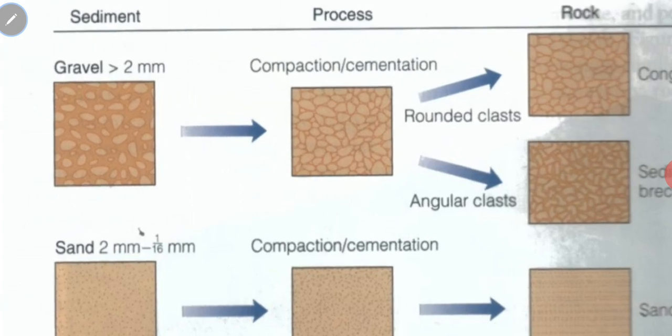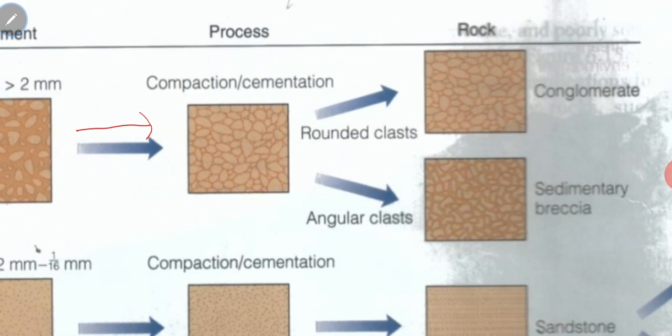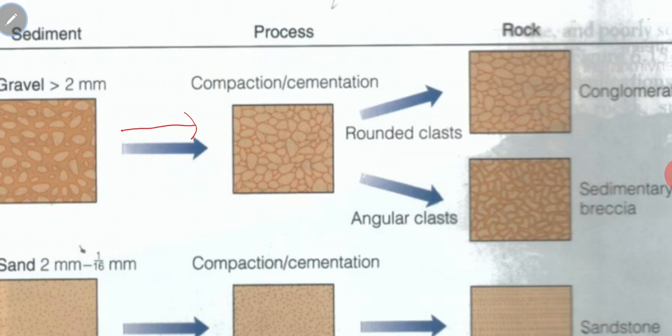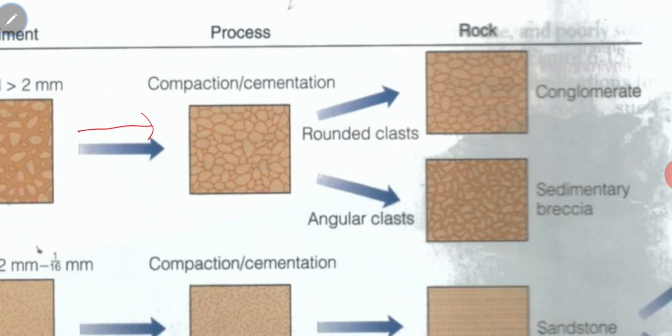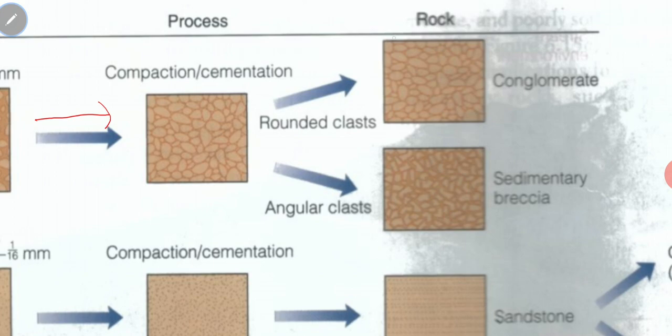So the visual shows that a very big size of particle accumulates, or sedimentation happens at the same place, and this gravel undergoes compaction and cementation process, and the result of that process is two types of sedimentary rock. The fragment which has rounded clasts will form conglomerate sedimentary rock. Those with angular clasts will form sedimentary breccia.